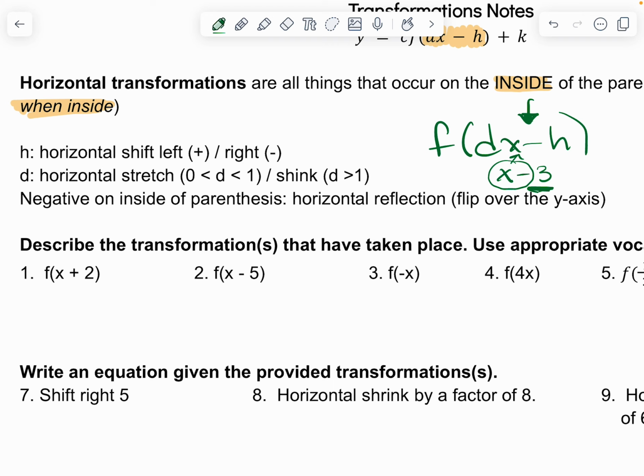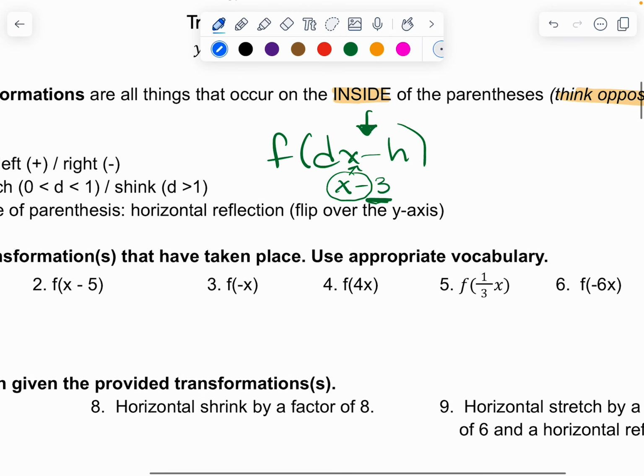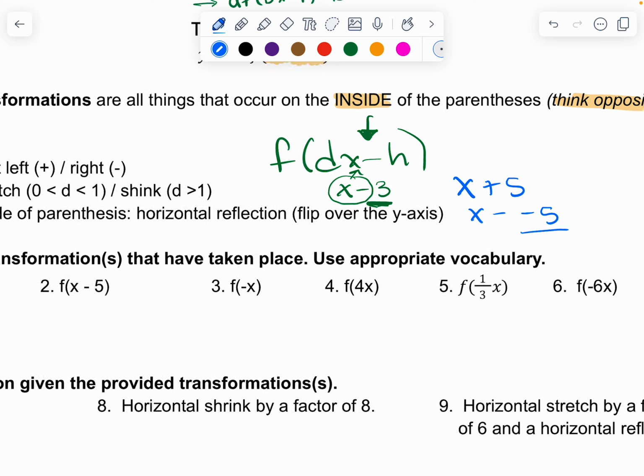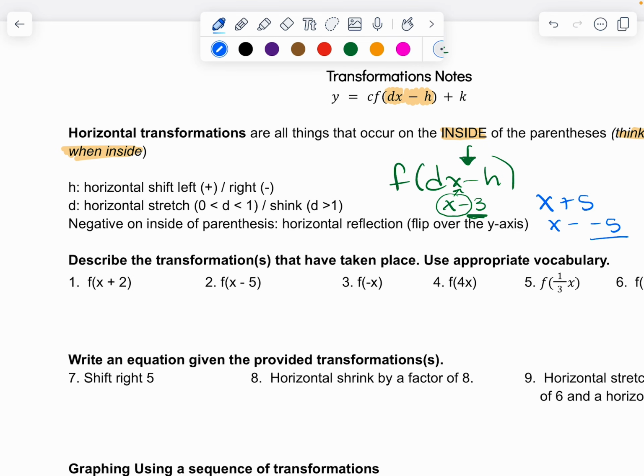If instead it had said x plus 5, that's the same thing as saying x minus a negative 5. So this is in the negative direction, it would go left. So that is why it's doing that.